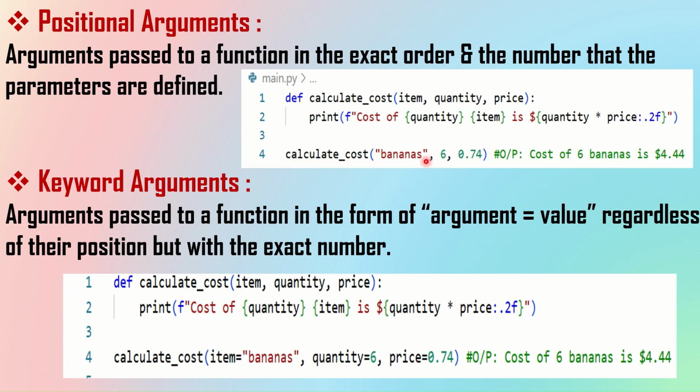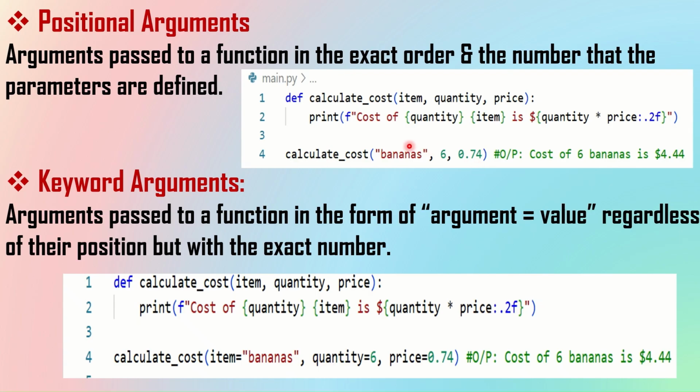Not only the sequence, but also the number of parameters that we gave in the function definition, the same number we need to pass in the function call as well. That's why, while making this function call, I have passed the item first, bananas, followed by quantity as 6, and lastly price as 0.74.